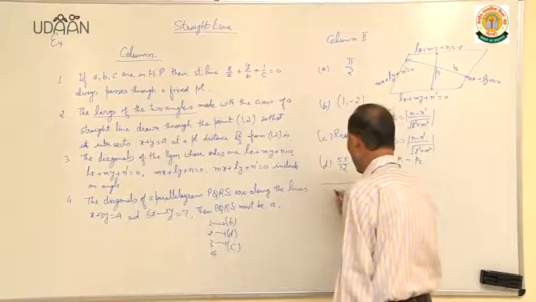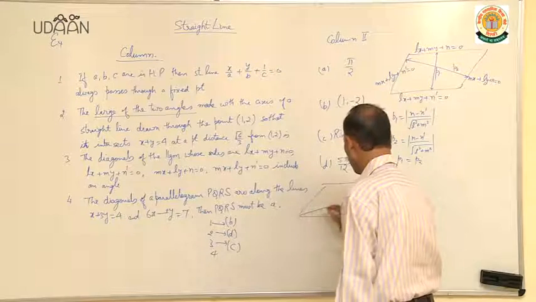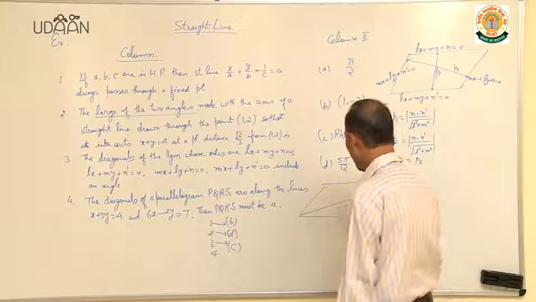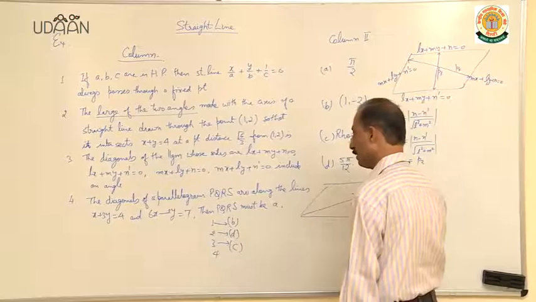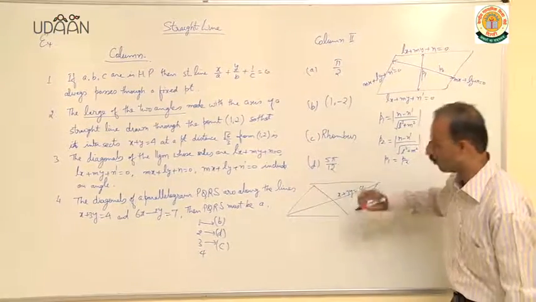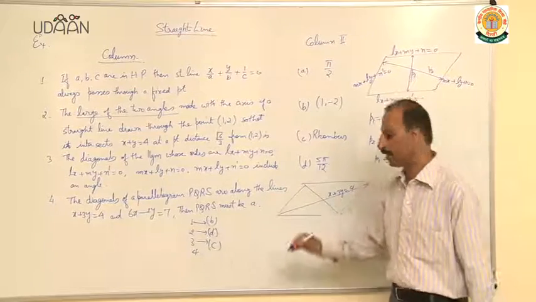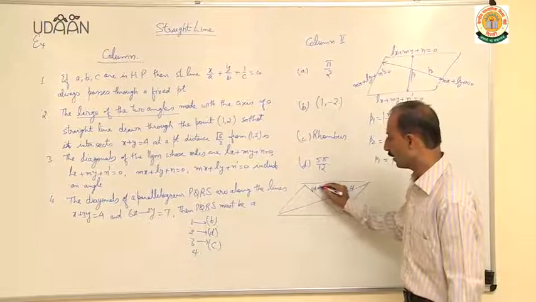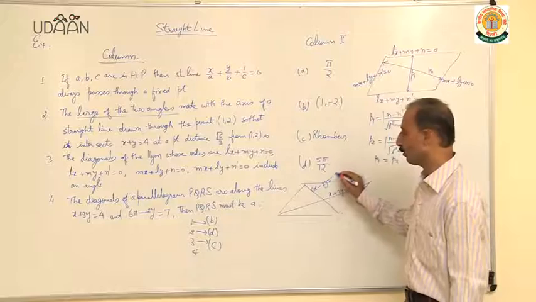If we draw a parallelogram whose diagonals are, one is x plus 3y is equal to 4 and another diagonal is this one whose equation is 6x minus 2y is equal to 7.